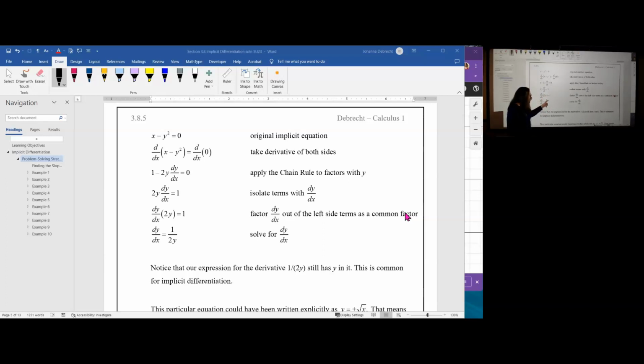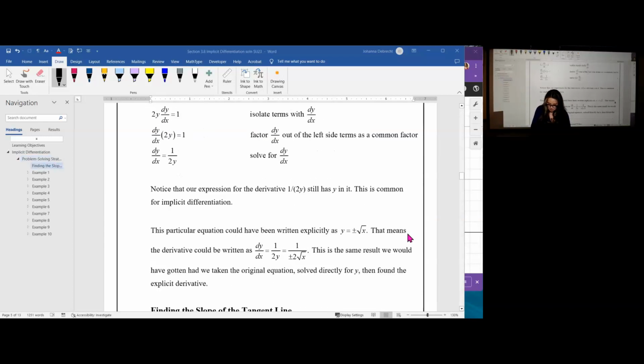Notice in my derivative here, I have y represented on the right-hand side. This is not an explicit formula for the derivative, but implicit where the y is still involved. Now, this is common for implicit differentiation.